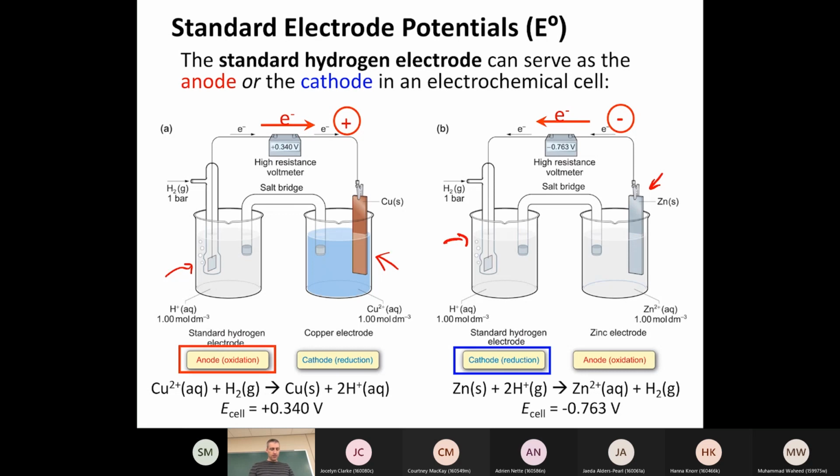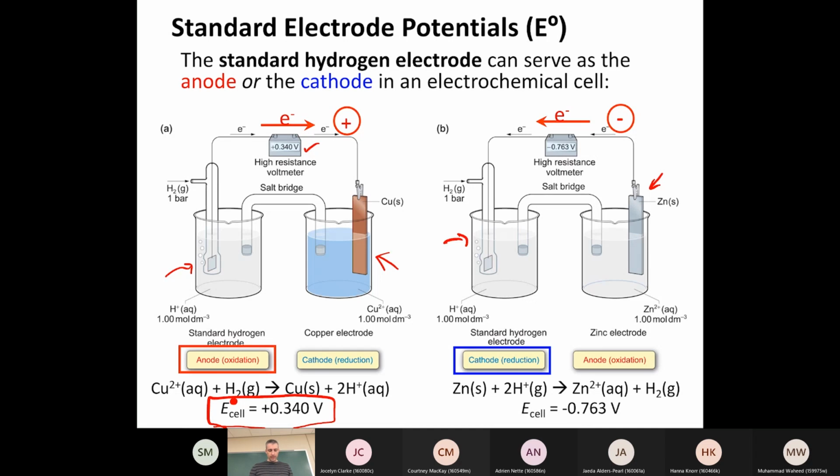So that would be the anode on the left, cathode on the right. And what we would notice is this reaction starts, electrons start traveling, and the potential difference between the two sides here would be plus 0.340 volts. So what that means is, well, the E cell, 0.340 volts. If everything is 1 molar and 1 bar, we could say that's E0 cell.